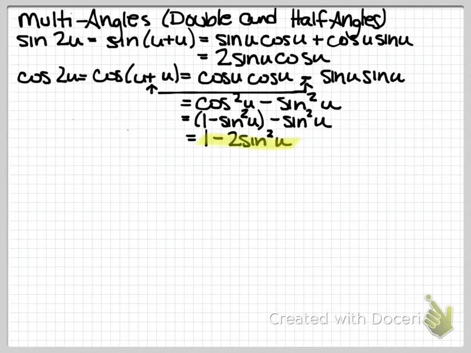Now I'm going to go back to my cosine squared u minus sine squared u, but this time I'm going to put 1 minus cosine squared in.